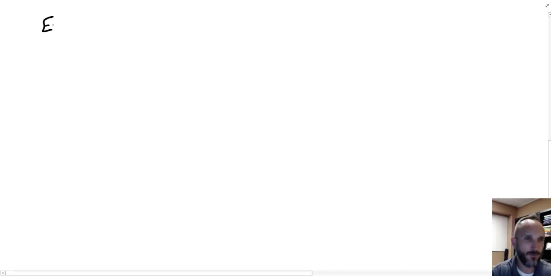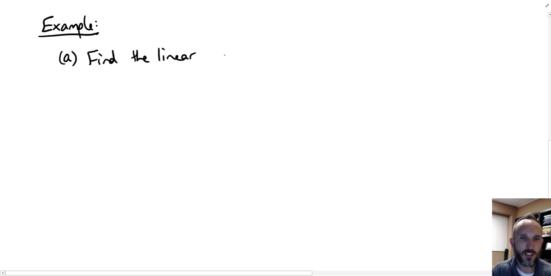So the first example, let's do this. Part A, we'll break this into multiple parts. Let's find the linear approximation for the function f of x equals the cube root of x.